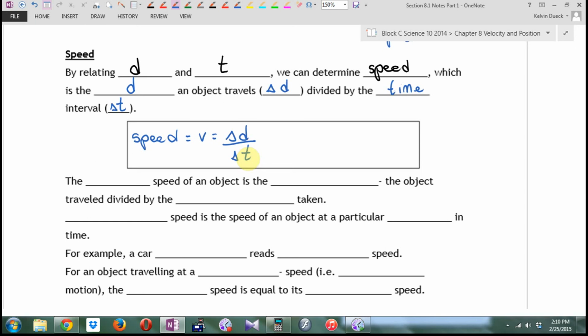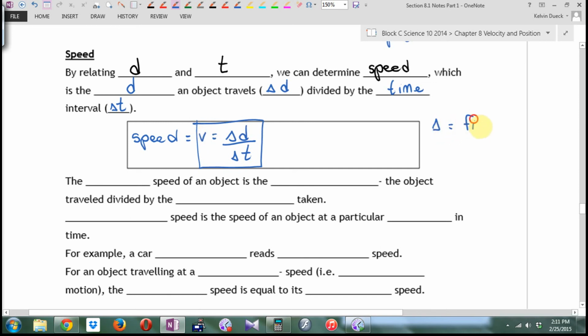You know your initial time, often it will be 0. On a stopwatch it's 0. Your final time. Divide those, and that's how fast you're traveling. This is a formula on your formula sheet. Remembering that change in delta is final minus initial.